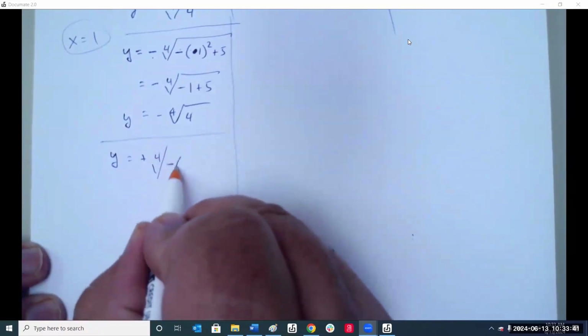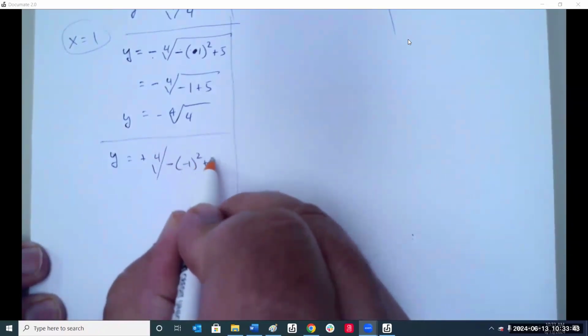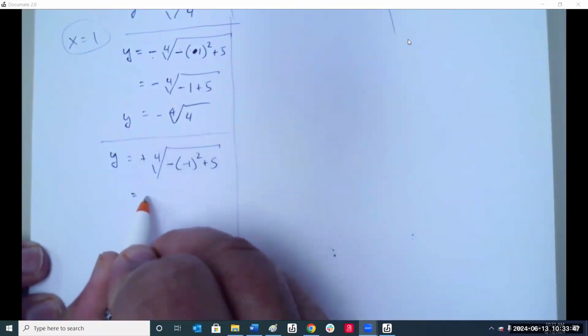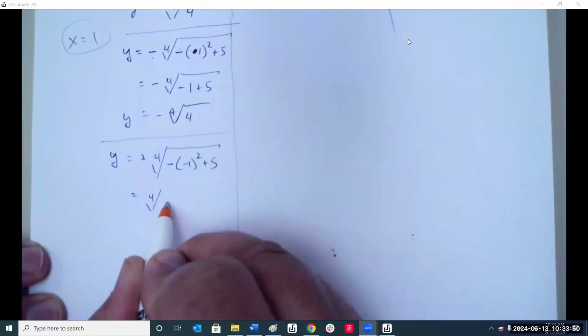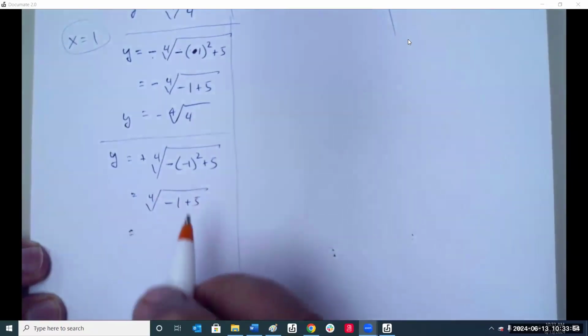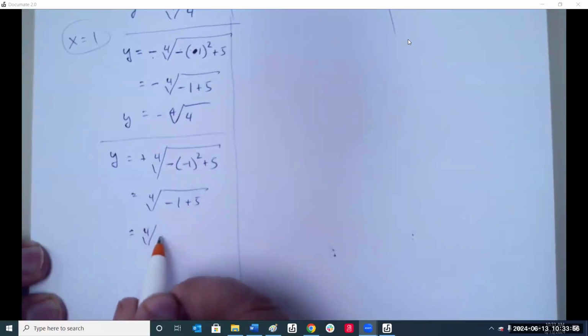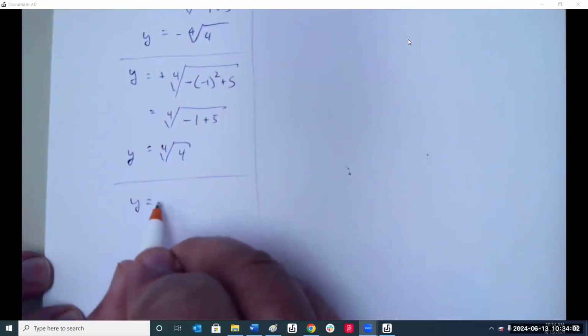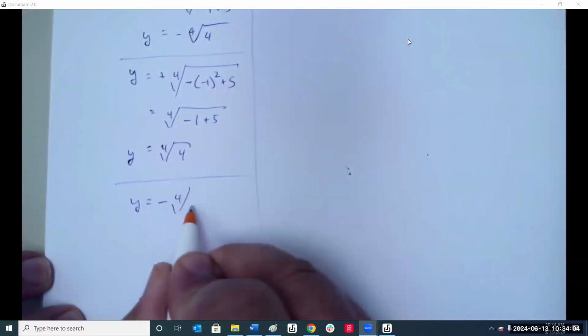Now I'm going to put a negative 1 inside there. Negative 1 plus 5. Negative side.